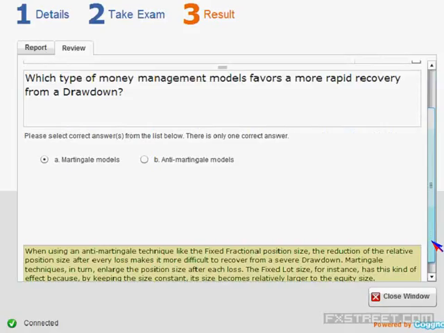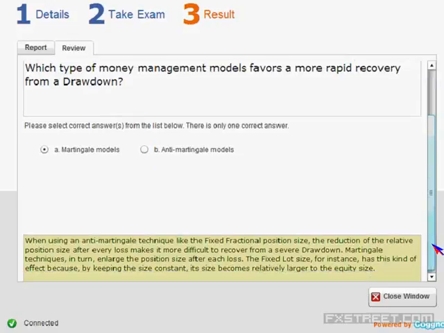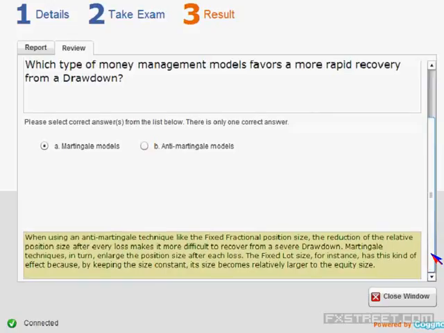Let's go over some of the questions. Which type of money management models favors a more rapid recovery from a drawdown? Martingale models, okay? When using an anti-martingale technique like the fixed fractional position size, the reduction of the relative position size after every loss makes it more difficult to recover from a severe drawdown. Martingale techniques, in turn, enlarge the position size after each loss.